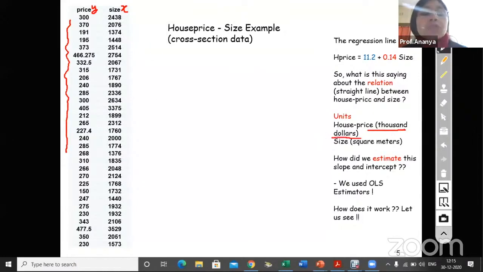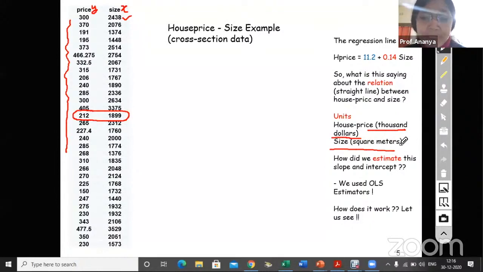So house price for the first observation is $300,000, and size in square meters, the first house is 2438 square meters. Let's take another one. This particular observation, which I'm now circling, the house price is $212,000 and size is 1899 square meters. Okay, so that's the data.